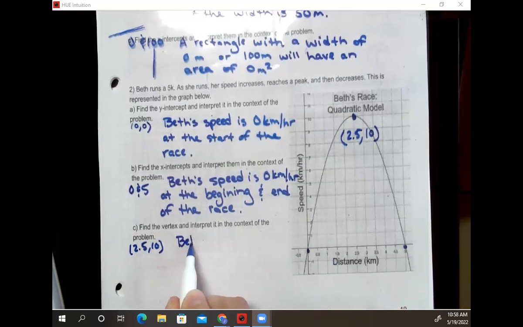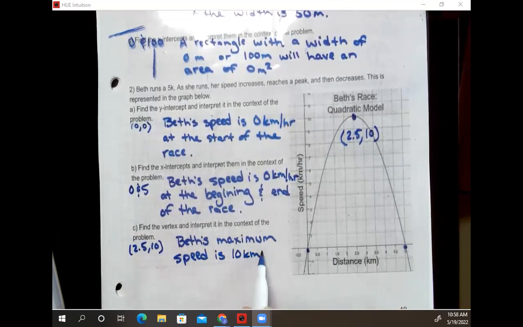So Beth's maximum speed is 10 kilometers per hour at 2.5 kilometers into the race. Or halfway through the race, you could say.